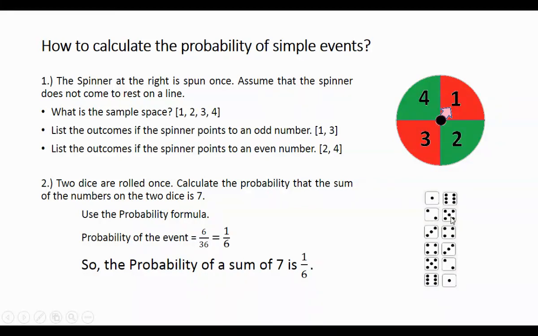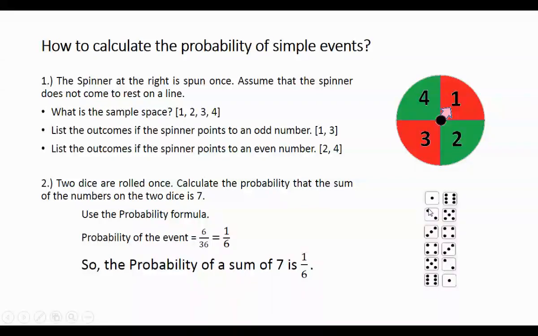Pair 2 with 5, that is 7 also. And 3 with 4. Vice versa, 4 and 3, the reverse of 2 and 5 is 5 and 2, and 6 and 1 also. So if we count manually, we have 1, 2, 3, 4, 5, and 6 pairs. So we have 6.